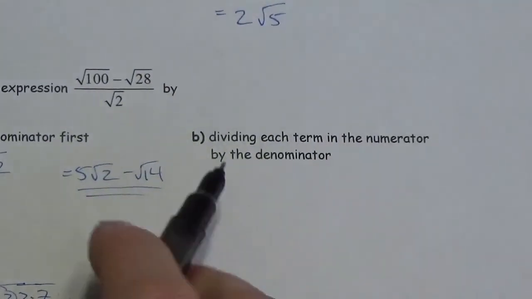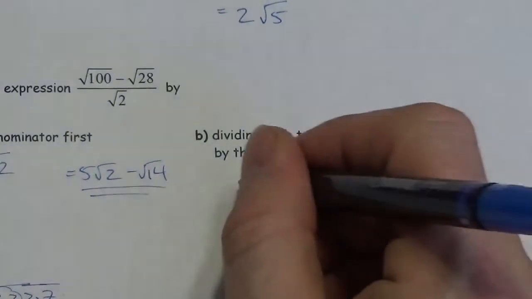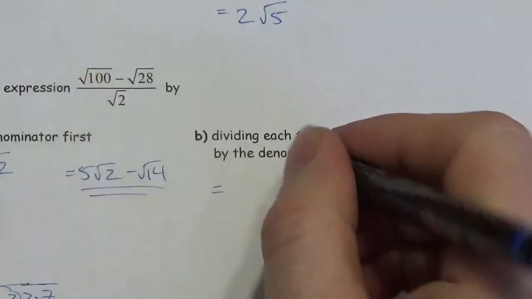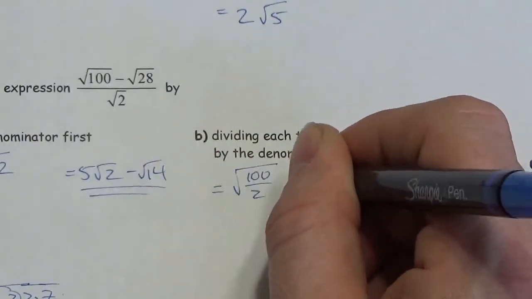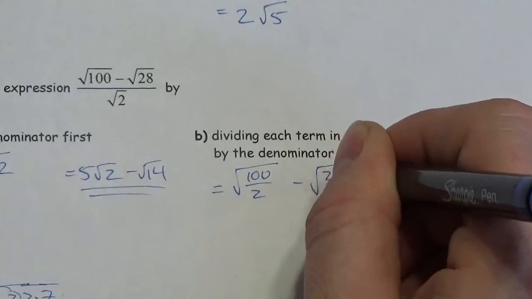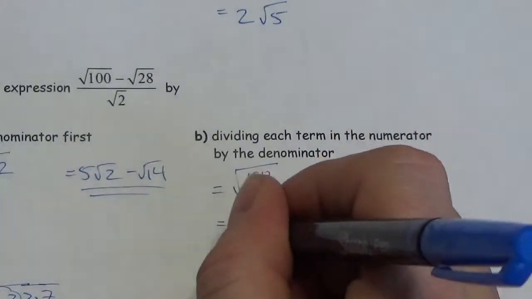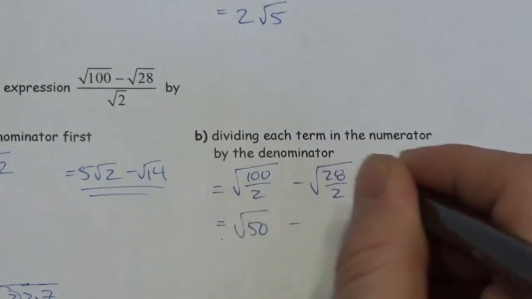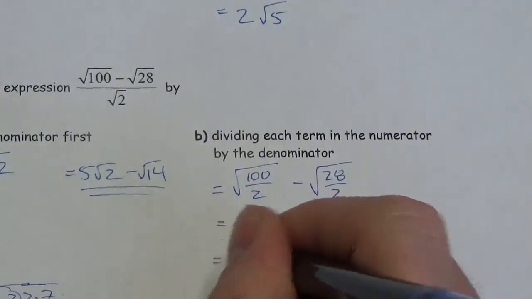The other way to do this is to divide each term in the numerator by the denominator first. So then this expression up here was going to become the square root of 100 divided by 2 minus the square root of 28 divided by 2. Well, the square root of 100 over 2, that's just going to be the square root of 50. And the square root of 28 over 2, that's going to be the square root of 14.